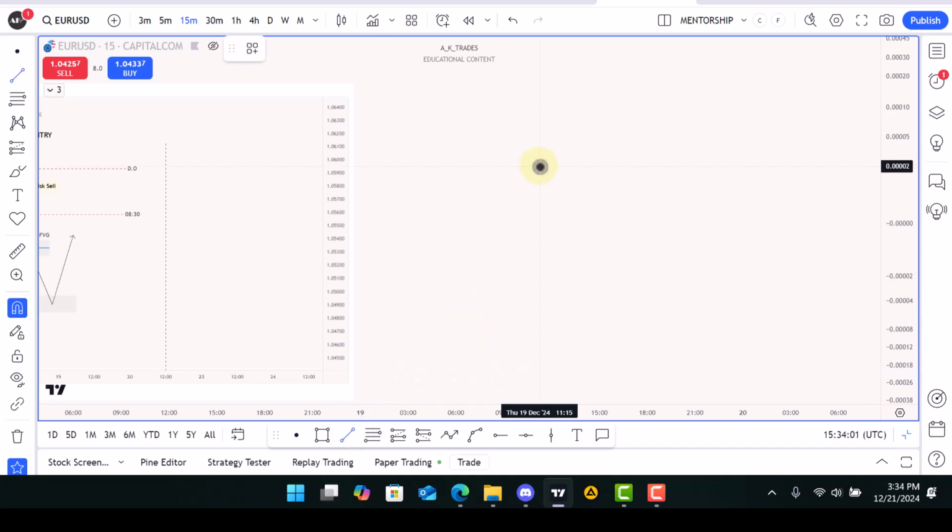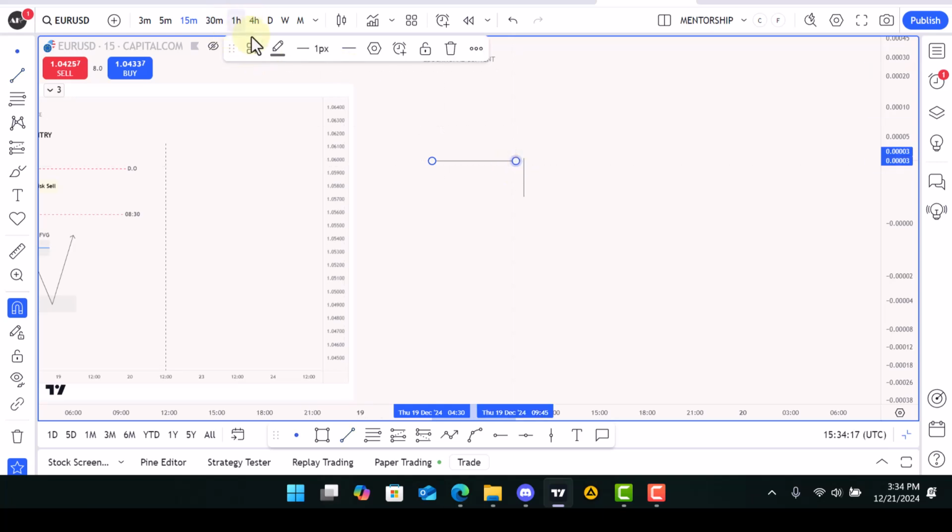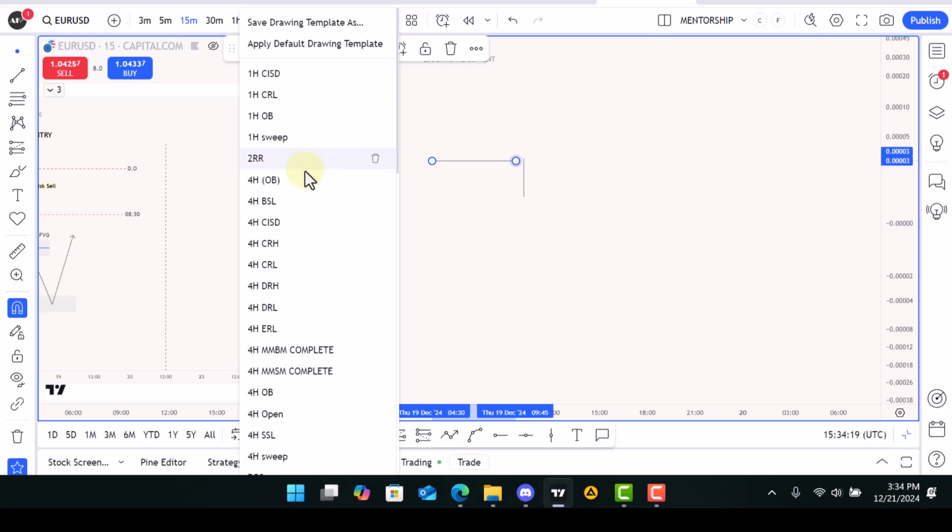So let's say this is our candle one. A 4-hour key level is maybe somewhere here. Let me say 4-hour order block.